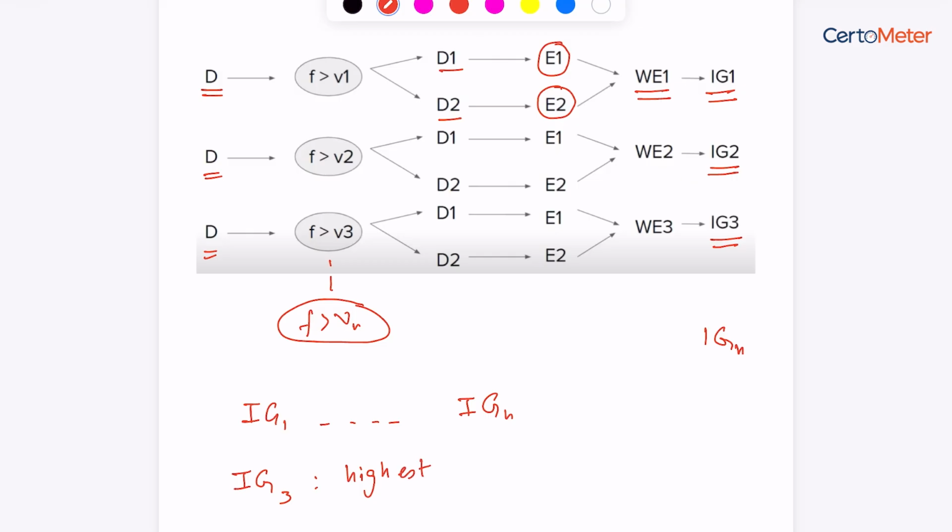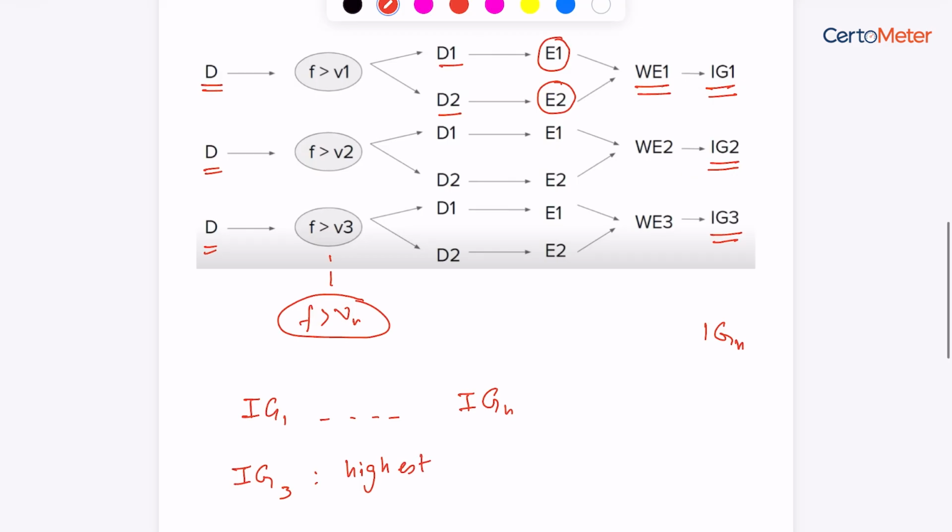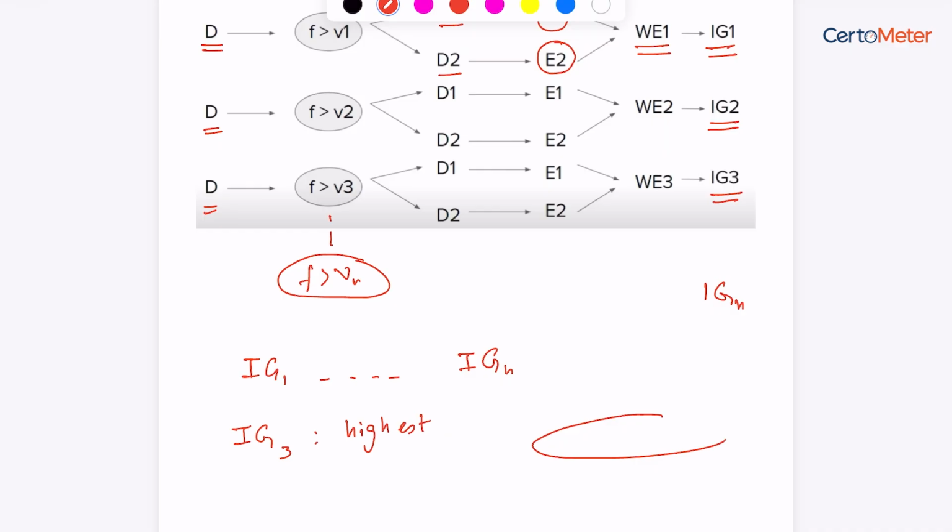That means I am going to select my third split. That is, my split that is finalized is that marks should be greater than V3 value, whatever this split is. So this is how we decide this value V3 on which we want to make the split.